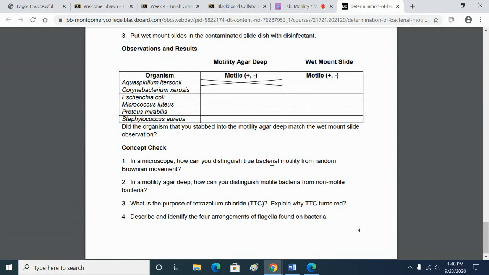In a motility agar deep, how can you distinguish motile bacteria from non-motile bacteria? You have to see if the red color shows around the point where you stuck the needle in, if it's moving outward. Right, so if the bacteria are motile, they will move away from the stab. If they're not motile, they will stay in the stab. And so number 3, what's the purpose of the tetrazolium chloride?